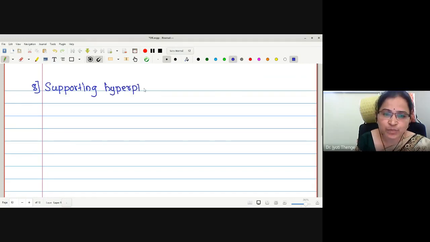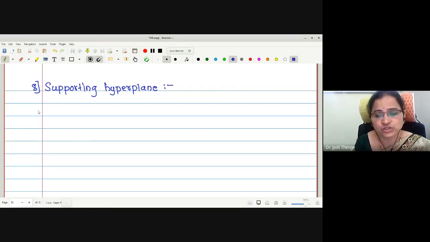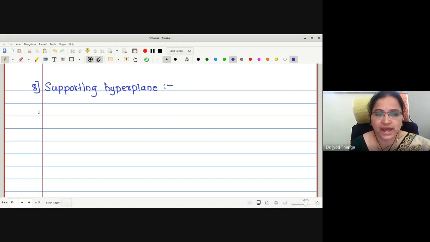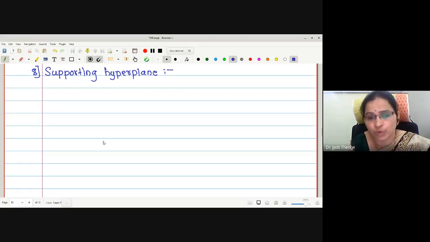Actually, the supporting hyperplane is a hyperplane which lies in one of the closed half spaces, and it has at least one boundary point of the given convex set. So these are the supporting hyperplanes for convex sets of the given type.